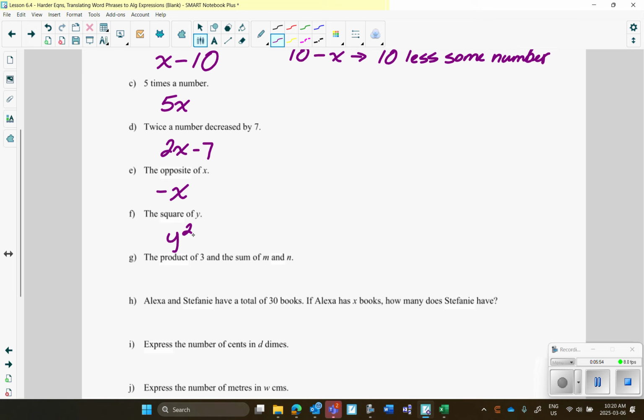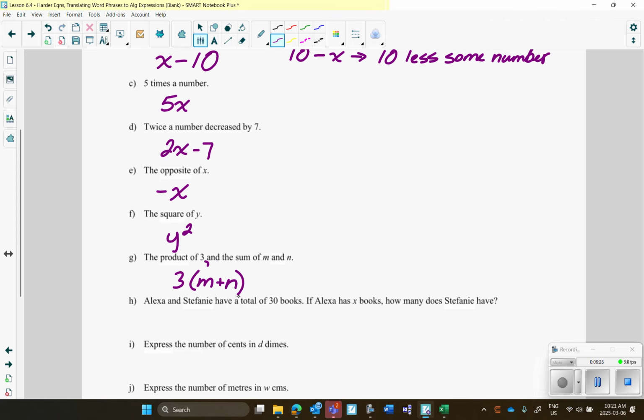Now you've got to be careful here. The product of 3 and the sum of m and n, which means you've got to find m and n first and then times 3. How would you do that? Put it in parentheses. We've got to do m plus n in parentheses and then times 3. We wouldn't say 3m plus n. You could say 3m and 3n.